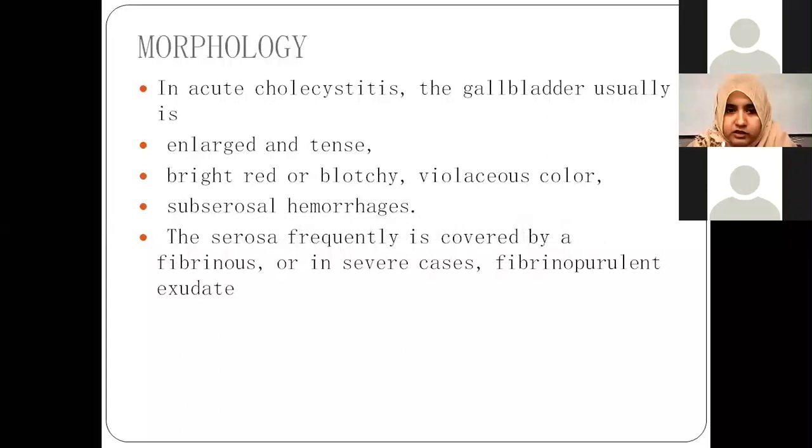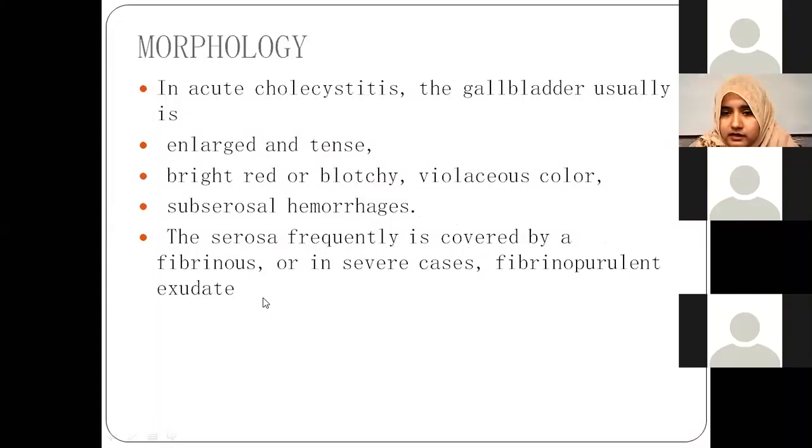So what is acute cholecystitis? Acute cholecystitis is when the gallbladder usually is enlarged and tense, and it is bright red or blotchy, violaceous in color. Why are we discussing the morphology here? Look, when there is cholecystitis, there is intense, severe pain in the right hypochondrium and the epigastric region, which has a tendency to radiate towards the back and towards the right shoulder as well.